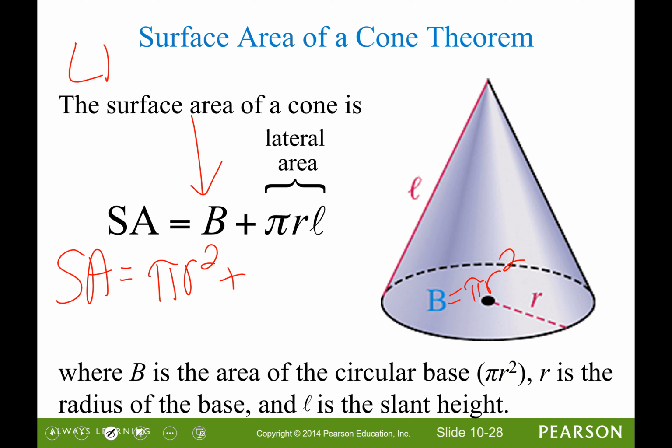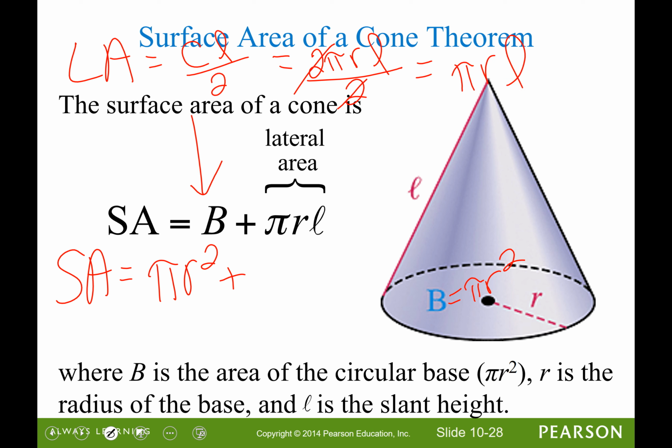The lateral area was the circumference times the slant height divided by 2. Let's continue with that. Circumference of a circle is 2 pi r times the slant height divided by 2. Cancel out the 2's, and it looks like our lateral area is pi r l, which is why we add the lateral area of pi r l to get the total surface area of our cone.